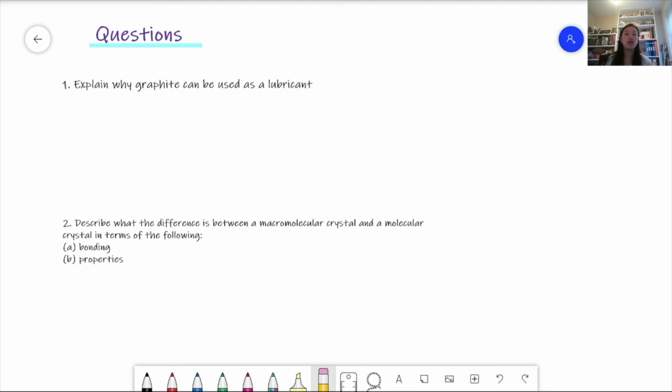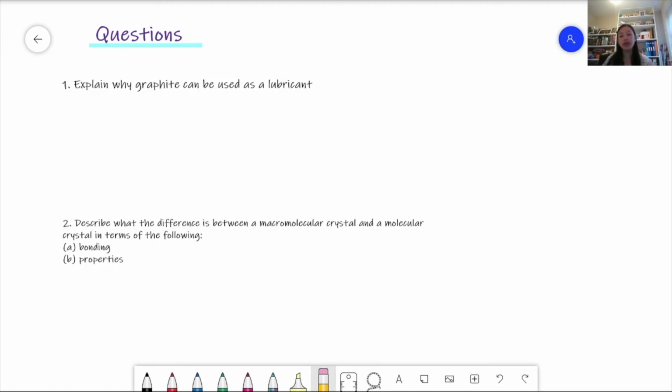And this is because one of the electrons from the carbon has been donated to an electron cloud. So the p orbitals overlap and the electrons become delocalized, and that's why we get the weak forces between the layers. So that means that the layers can easily slide over each other, so it can be used as a lubricant.